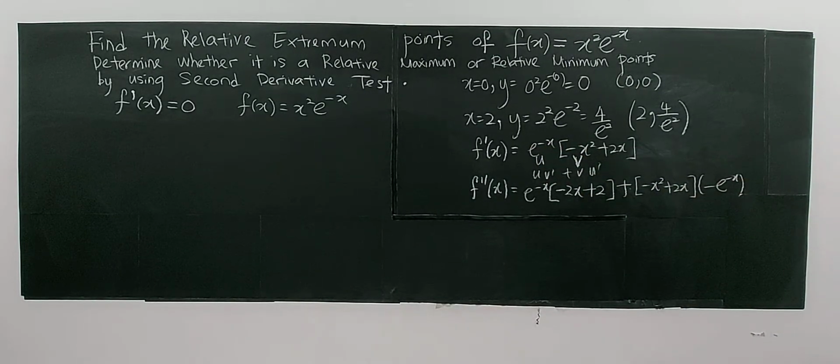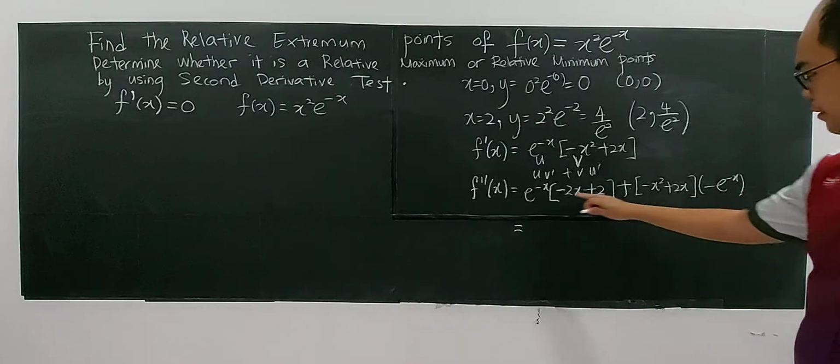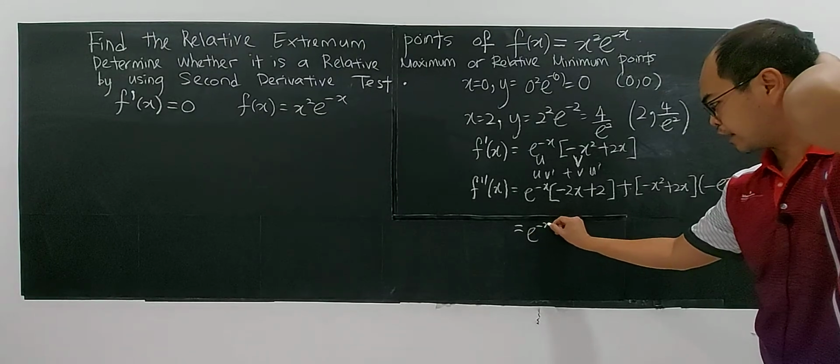Again, the same thing happens here: you can factorize and take out e to the power of negative x.